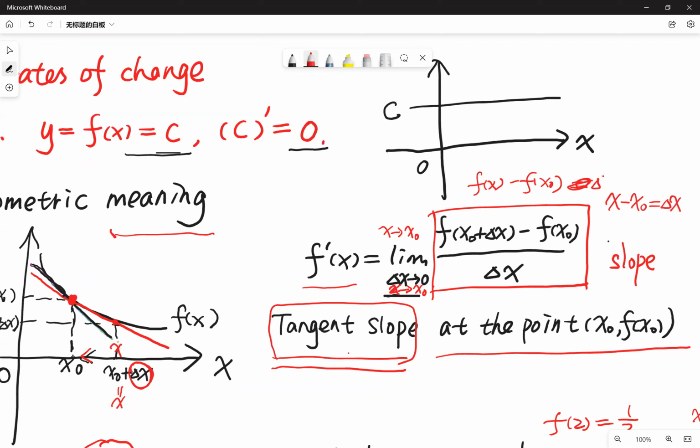And when this one approaches 0, x approaches x0. Am I clear this time? Yes, sure. Okay. All the pictures received are correct here. I think you master this point.